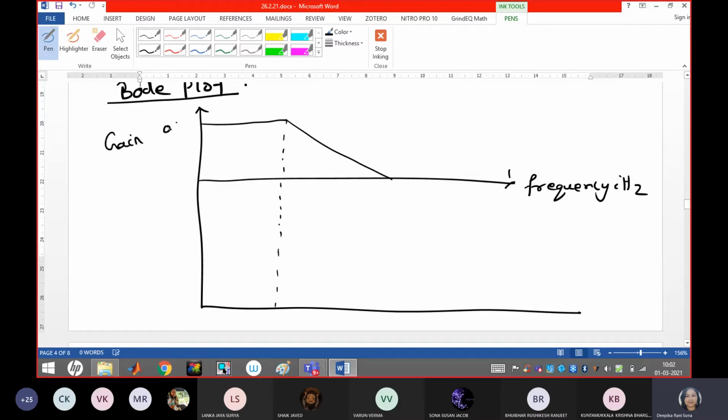Suppose this point is our AOL, the open loop gain. Here we have to represent the gain on a dB scale, 20 log of AOL in terms of frequency.